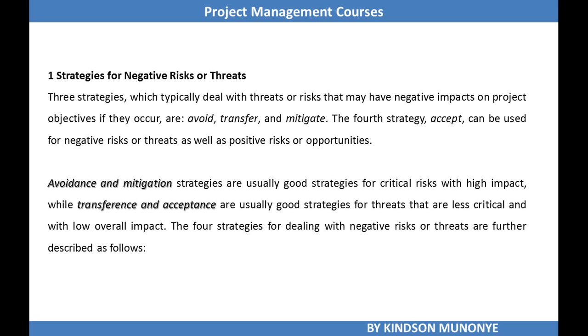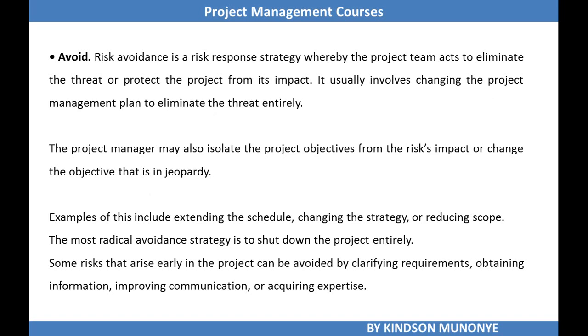Alright, let's now look at them one after the other, starting with the first strategy, and that is avoid. Risk avoidance is simply where the project team decides to eliminate the threat or protect the project from its impact. So you might change the project management plan to eliminate the threat.